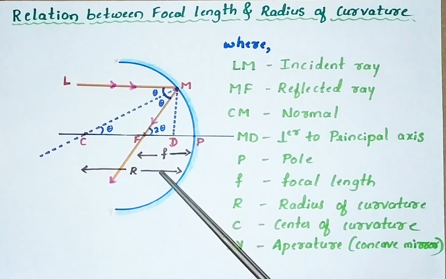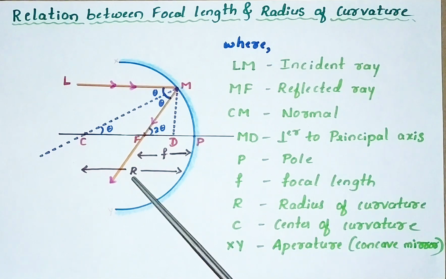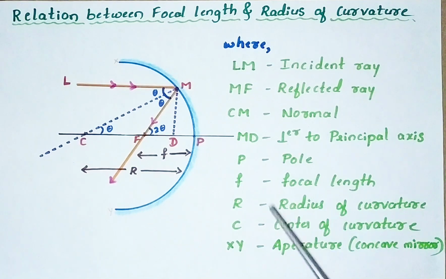Using this ray diagram, now we can derive the relation between focal length and radius of curvature. We can observe the points here.